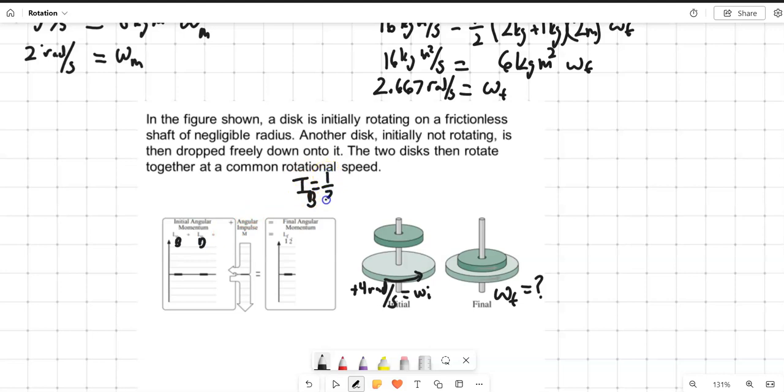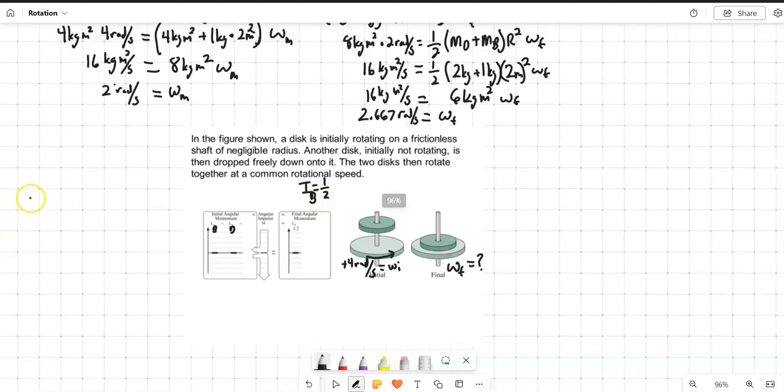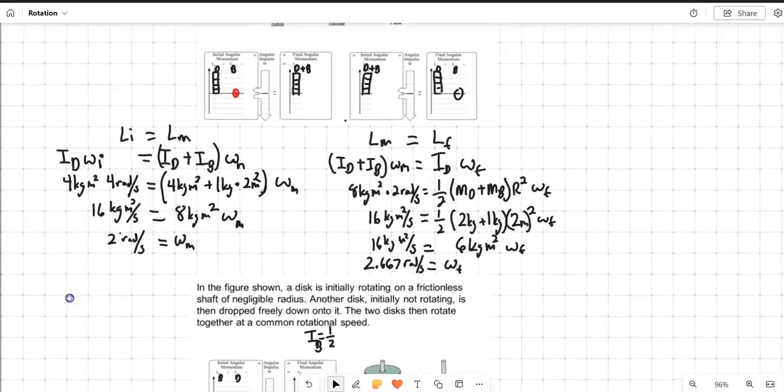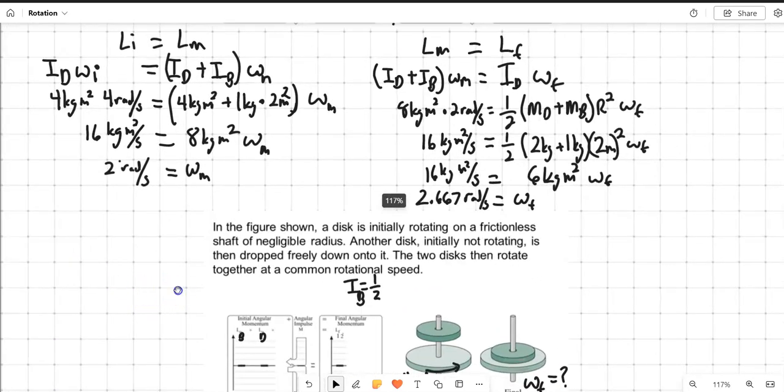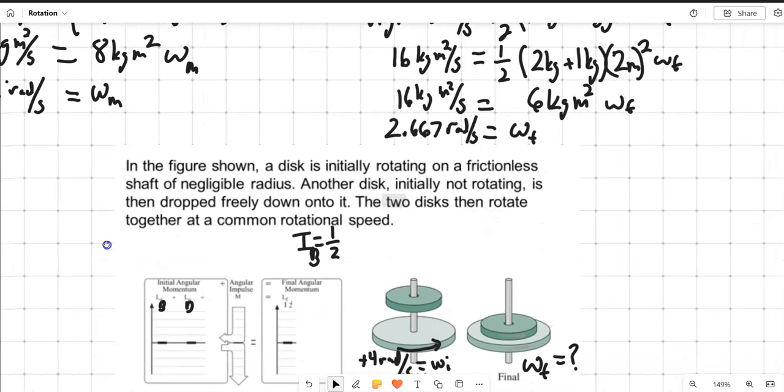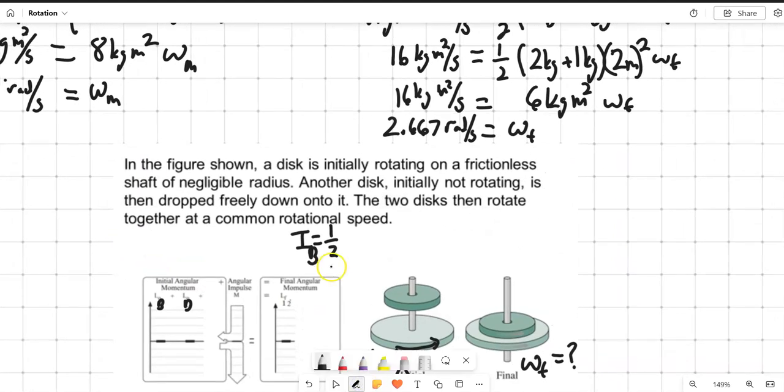Since it's bigger, let's say that big disk has twice the mass, so let's call that 2 kilograms, and it's got twice the size, so that's going to be 2 meters that we're going to square. So this is going to be 4 kilogram meters squared. Okay.